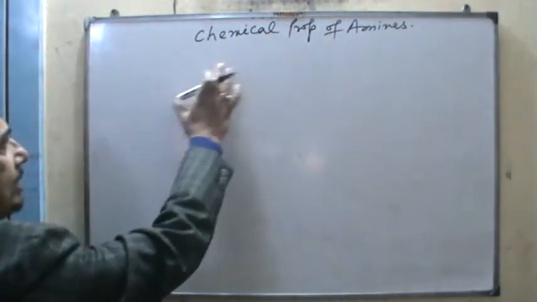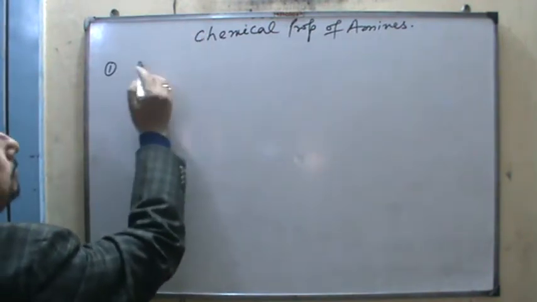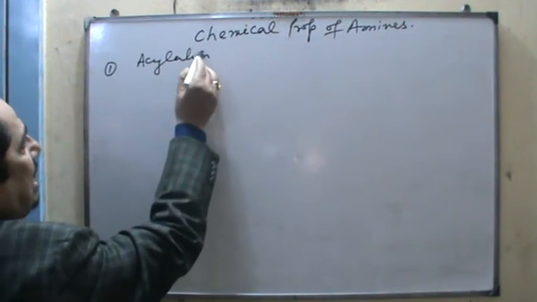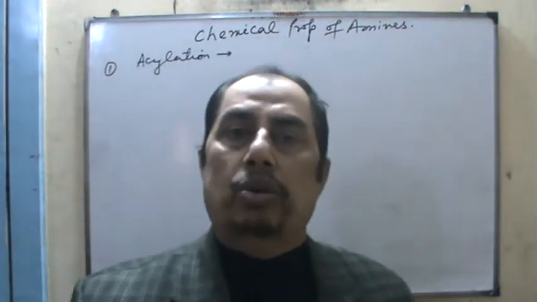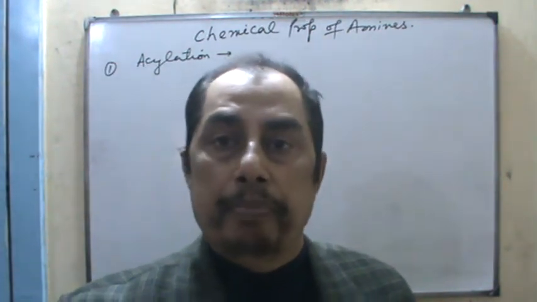So various important chemical reactions of the amines are, first is the acylation. Acylation takes place with the help of acetyl chloride or acetic anhydride. Products will remain same.